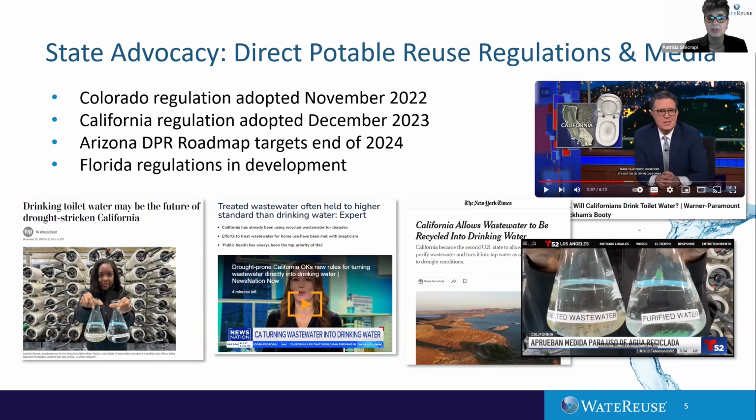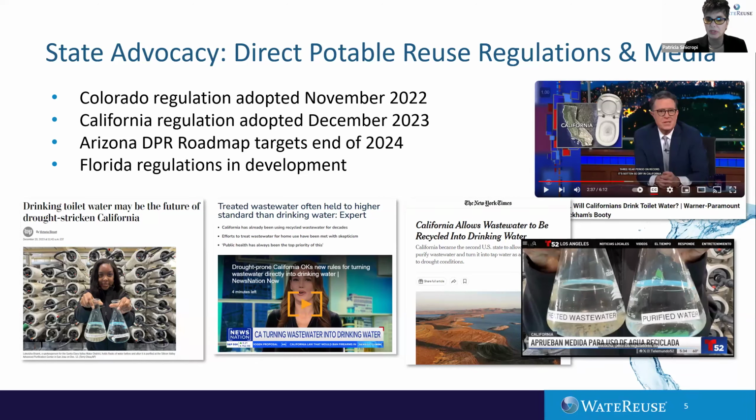And oftentimes now folks are realizing that indirect potable reuse systems are unnecessarily expensive because there is a barrier, either a reservoir or a groundwater aquifer, that may not be needed to supply very safe drinking water supplies directly from a water reuse system.